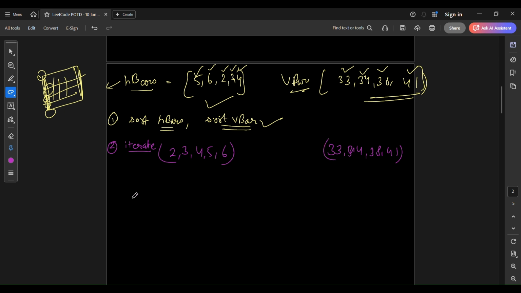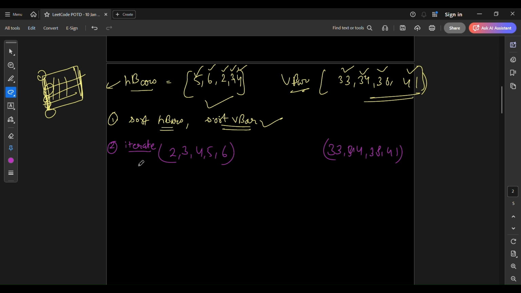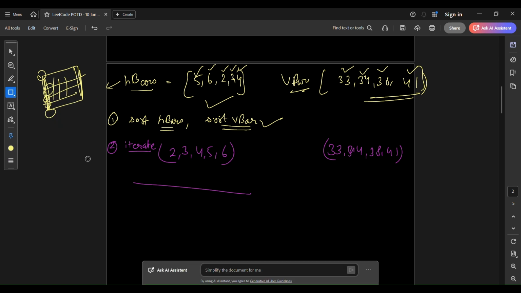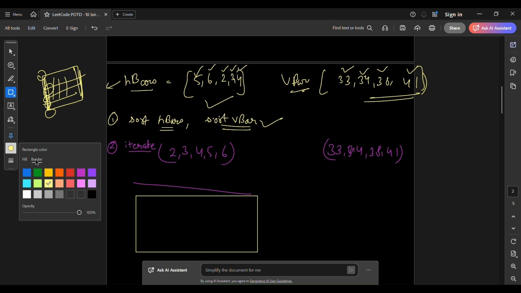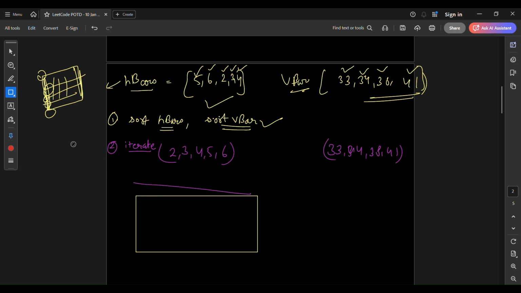Okay, cool. If I'm going to see the horizontal lines, this is my first horizontal line. I will draw a rectangle first to show you in a better way. So what I have to do is, I will not remove this part, but I will remove the second, third, fourth, fifth, and sixth.